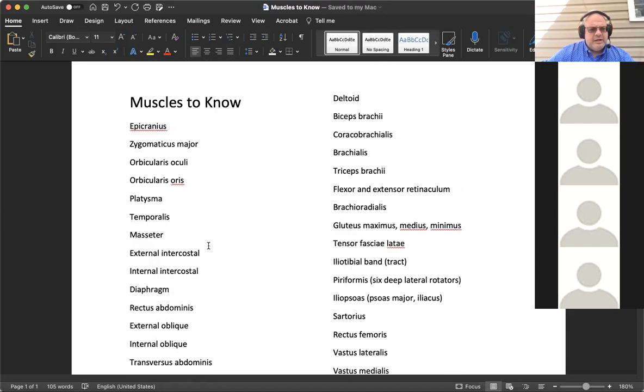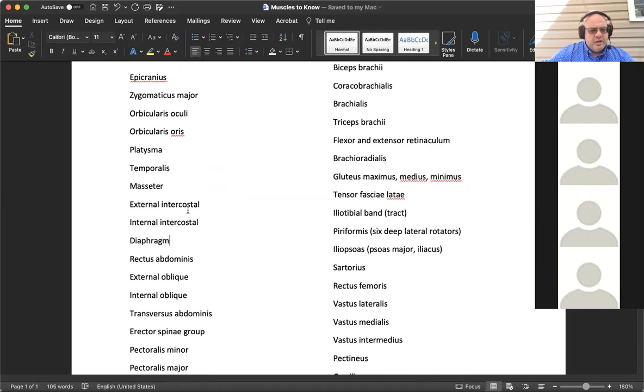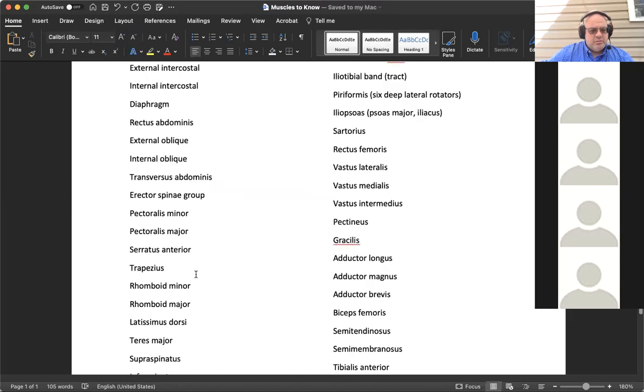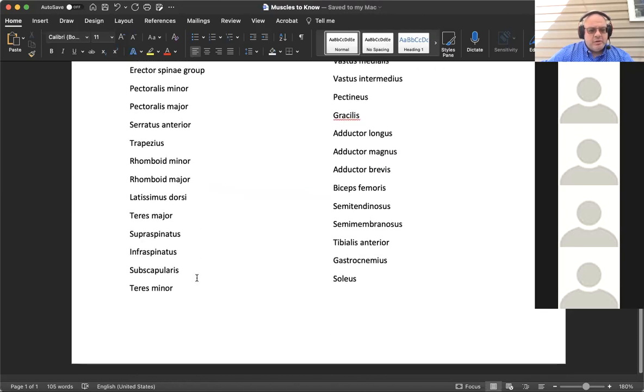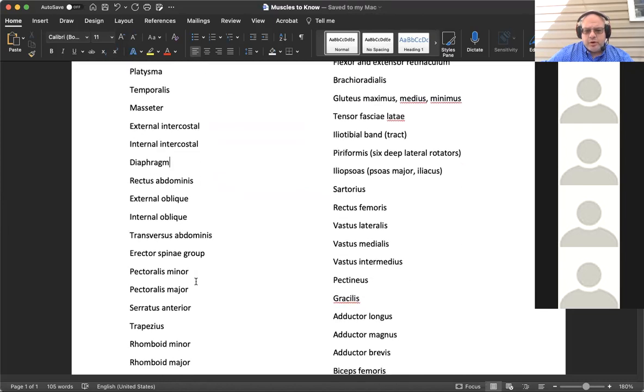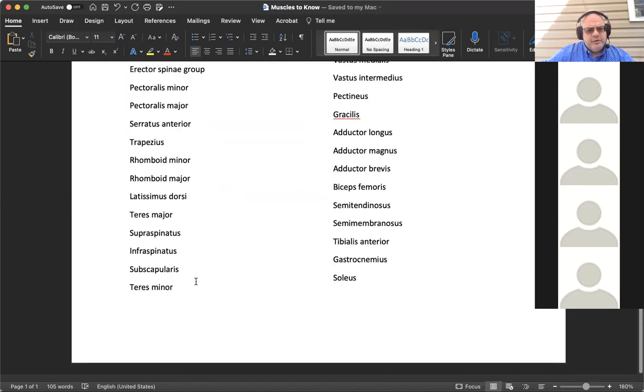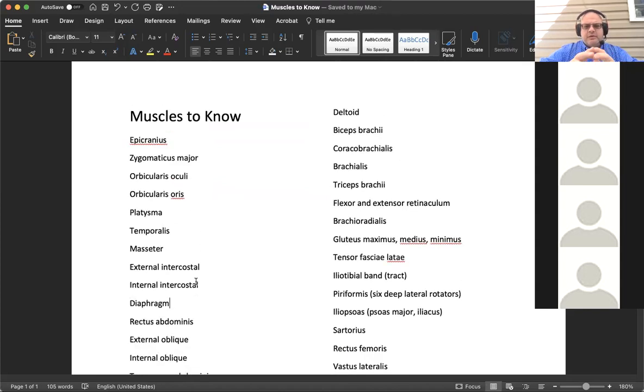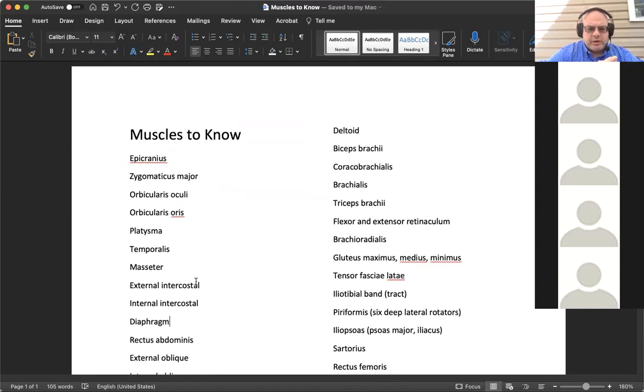I tried to keep it in kind of head, trunk, back, arm, and then leg order. I may whittle a few things off of here after talking to Dr. McDaniel. But basically, that's the big gist for today.